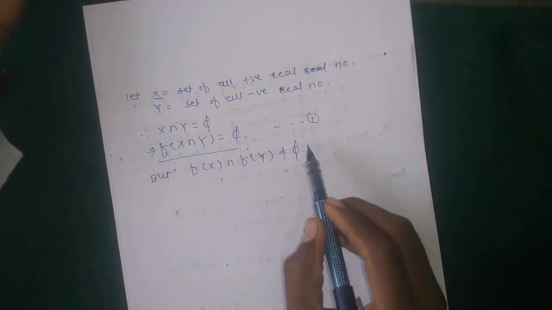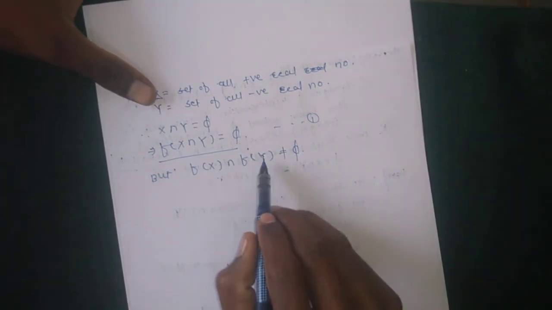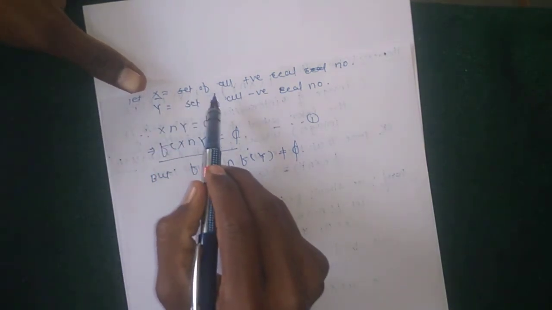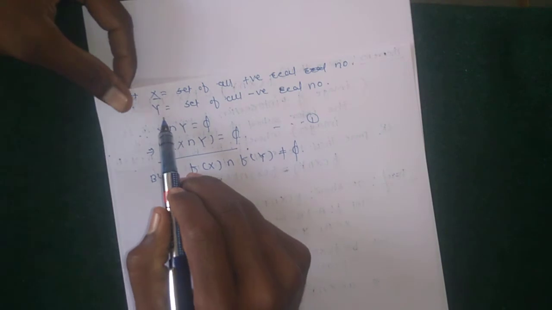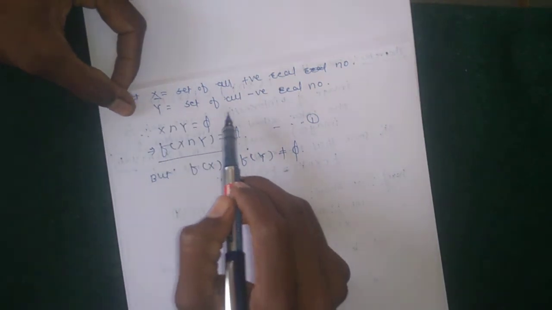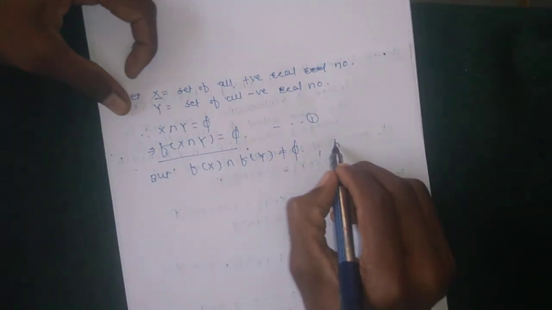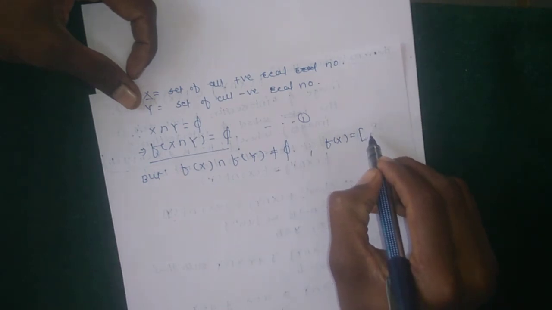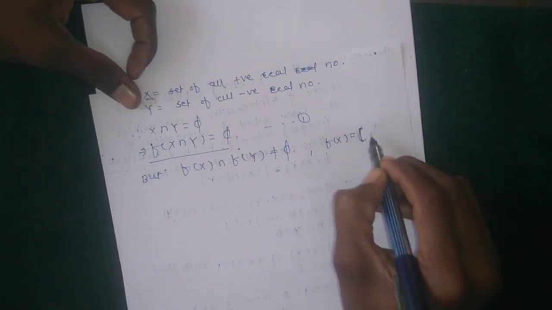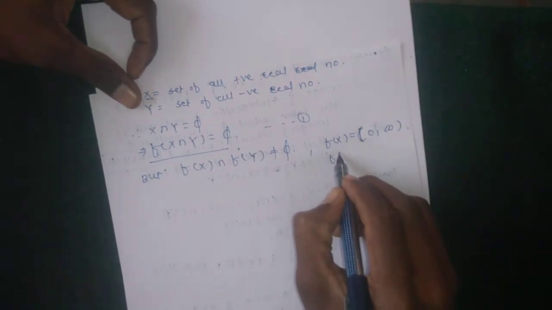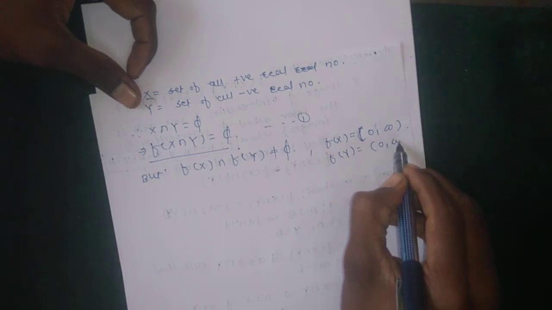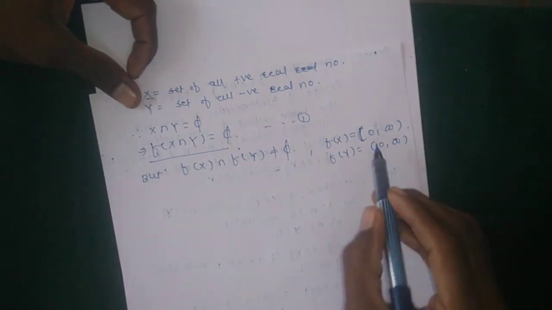Because infinitely many elements are common in that set: the image of x is the open interval 0 to infinity, and the image of y is also 0 to infinity, the set of all positive real numbers.